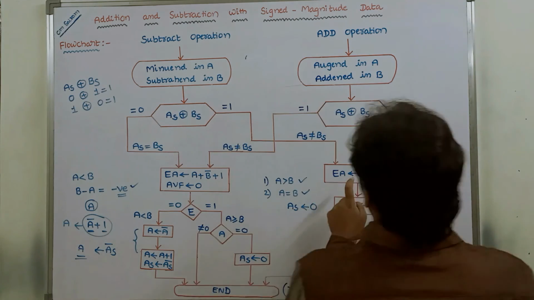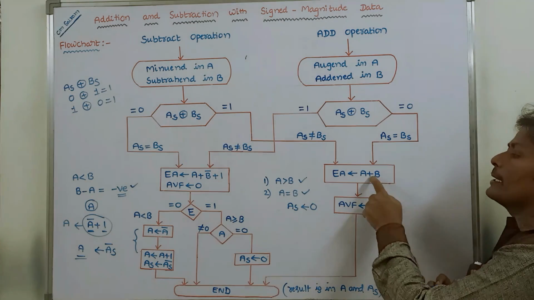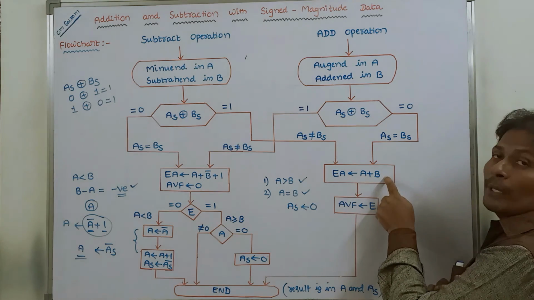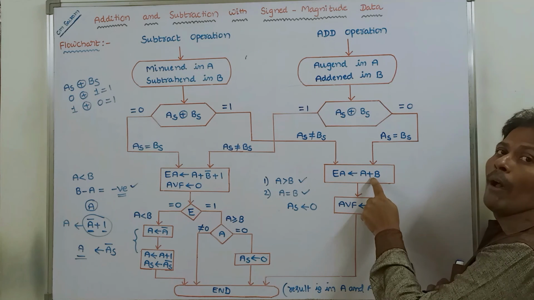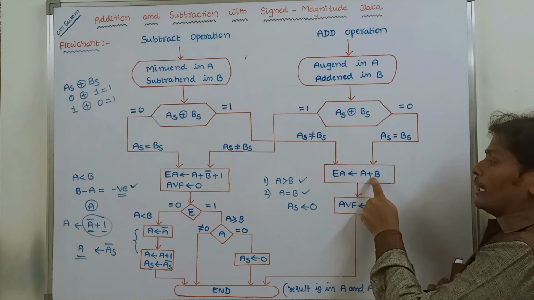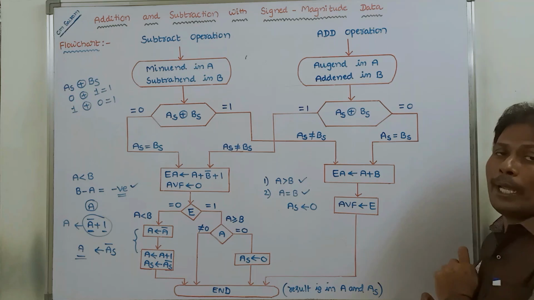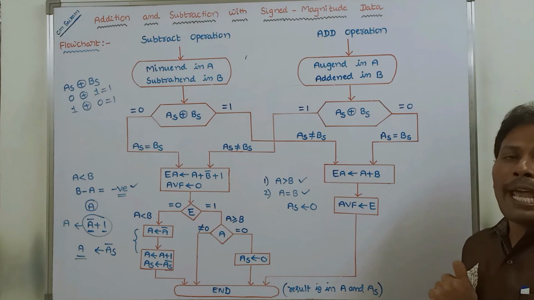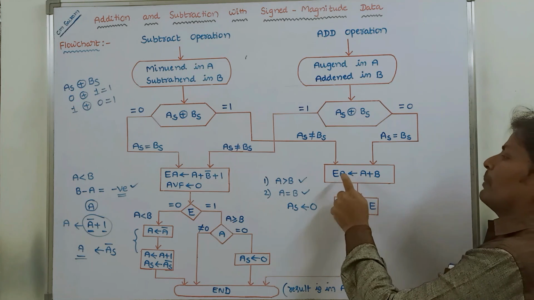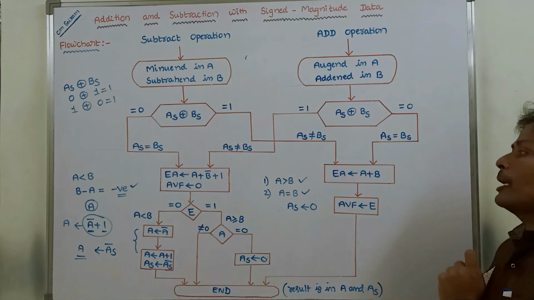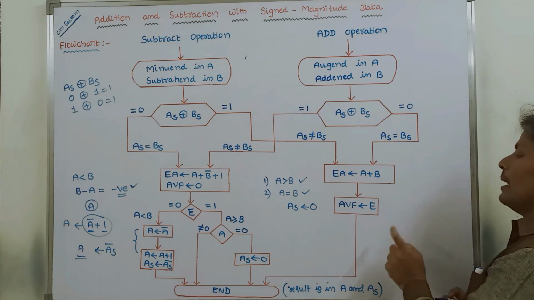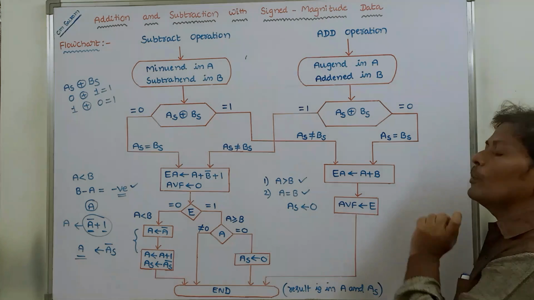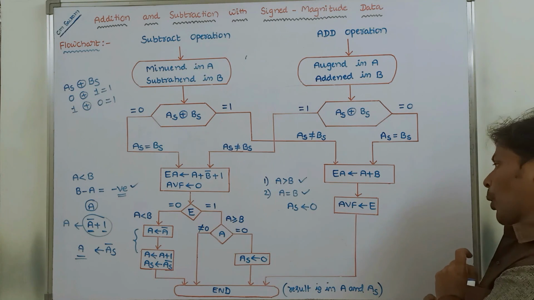At that time, simply we have to add the magnitudes A and B, so that is A plus B. After performing the addition of the two magnitudes, the result is stored in register A. Whenever any output carry is generated, it is transferred to the extended flip-flop E. After that, the content of E is transferred to the add overflow flip-flop.